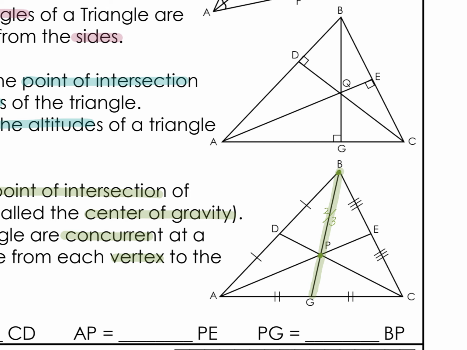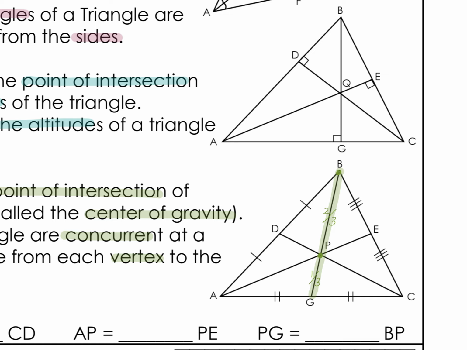Well, in a sense, if we have the entire line is 1 and we've got 2/3 of it up top from the vertex to the center, that leaves from the center to a side as being 1/3, okay, because that would be the remaining part of that whole line.